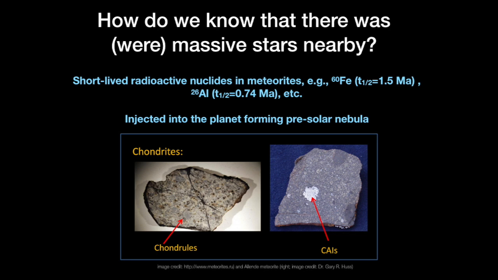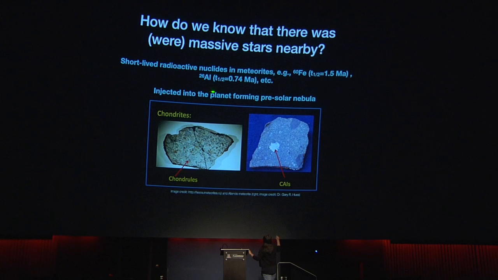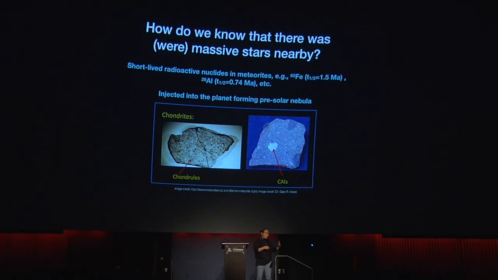So pristine meteorites, the chondrites for instance, have iron-60 or aluminum-26. They have a pretty short half-life, short enough or long enough in a way. It's about 1 to 2 million years, because that's actually the time scale that disk evolution and planet formation matters. So that's actually pretty good.